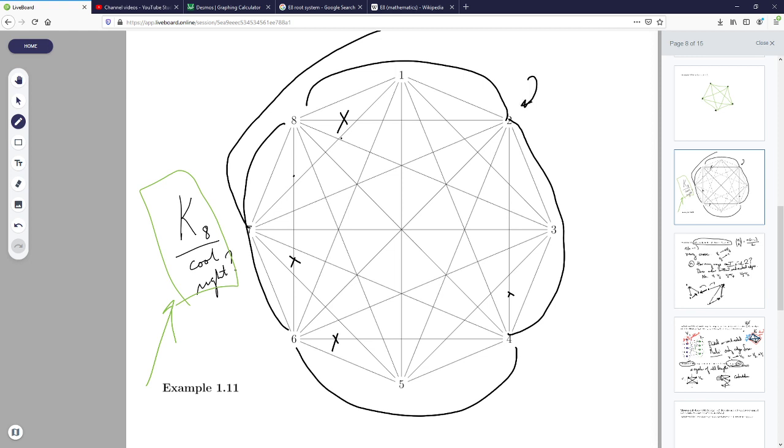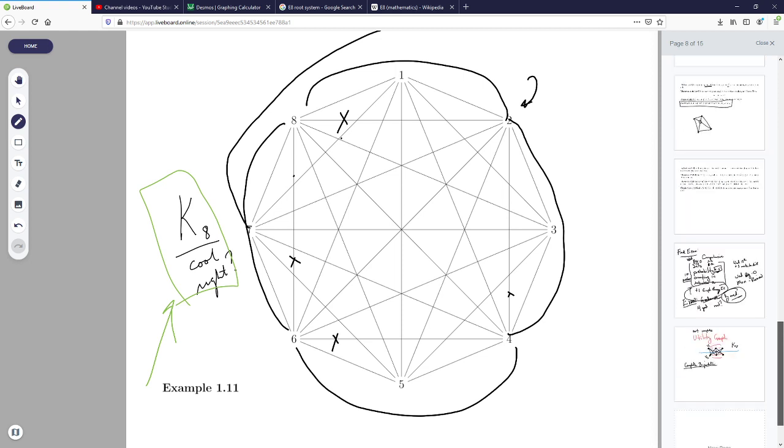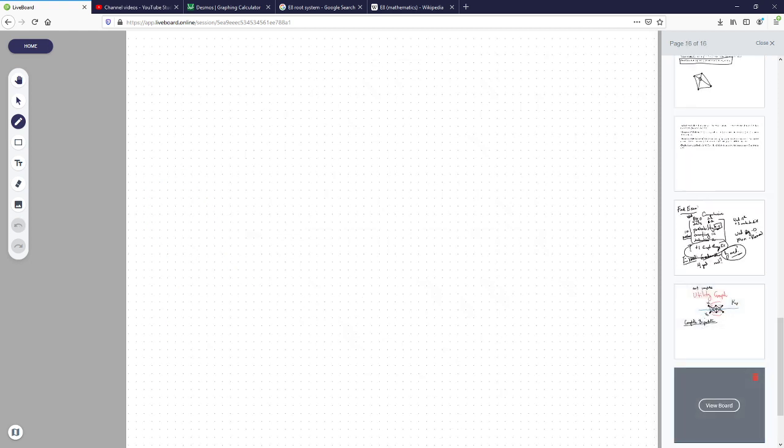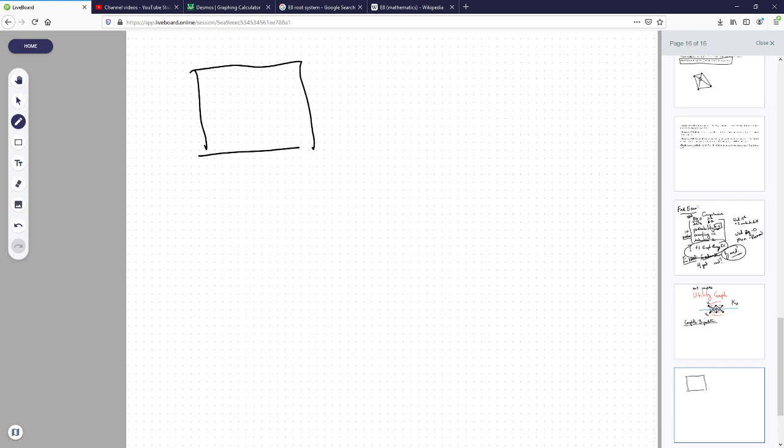So can you draw a Kn as a planar graph? The answer is sometimes. You can draw a K4 as a planar graph. Here's a K4 that's planar. So this is okay.